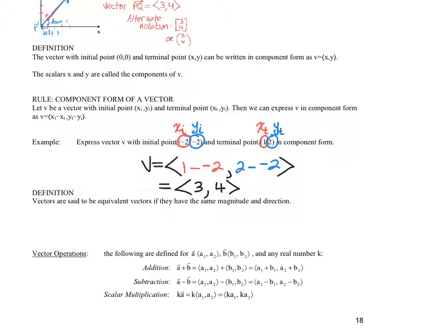If somebody's looking for typo opportunities, here's one for you. I have no idea why I have so much space after the definition. Vectors are said to be equivalent vectors if they have the same magnitude and direction. That is a fact. There is no need for any of that space below it.